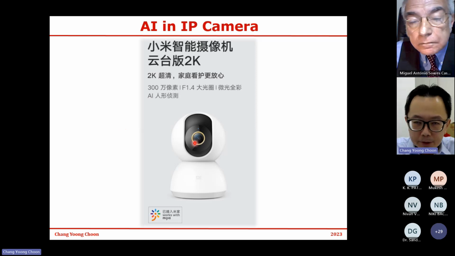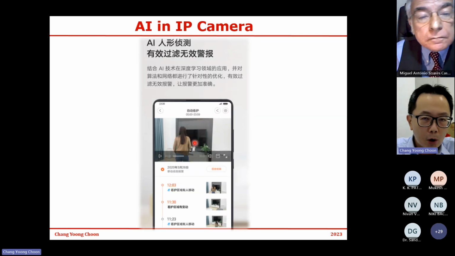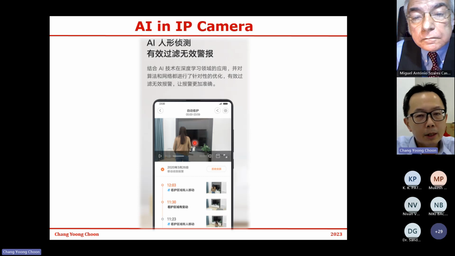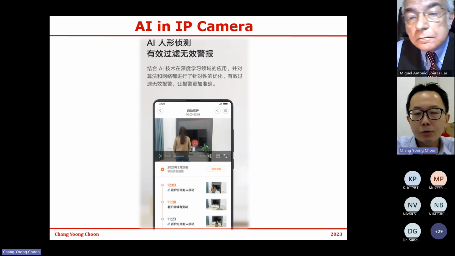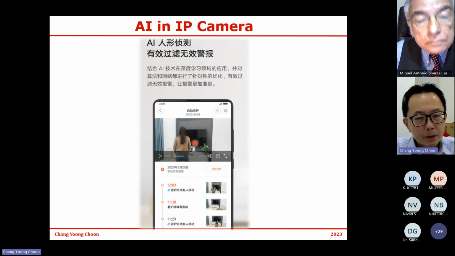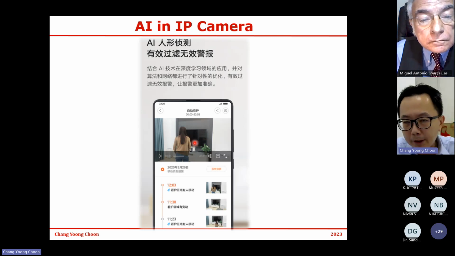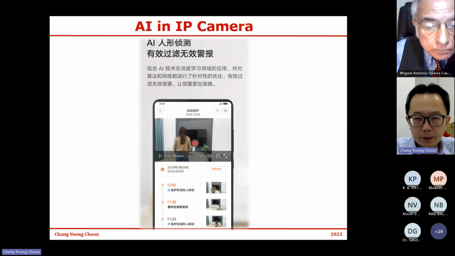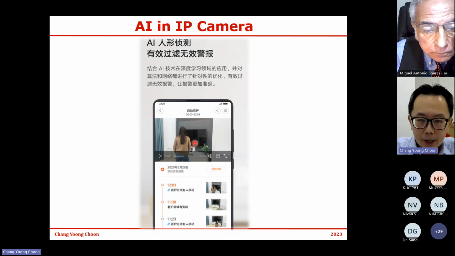So AI in IP cameras is getting more and more common. IP cameras are getting cheaper and cheaper. I believe a lot of my friends from India may have an IP camera at home also.